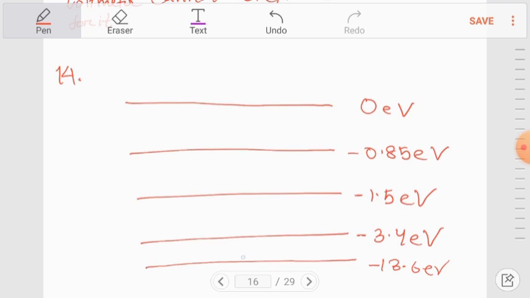So here an electron was in its ground state, and when another electron strikes it with an energy of 12.3 electron volt, this electron moves from the ground state to the second level.